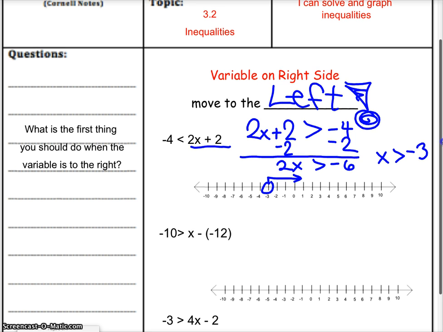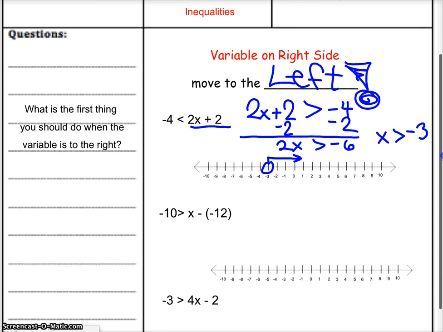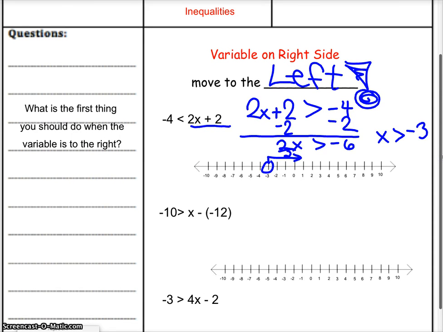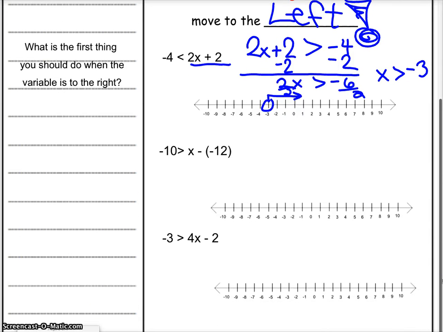Gatlin, how'd you get it to just be an X? I divided by 2. My bad. I divided by 2. Okay. So here again, it's on the right. So I want to move that to the left. So I'm going to go x minus a -12. What's facing it? Open mouth or point? Point. Yep.